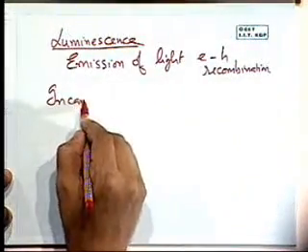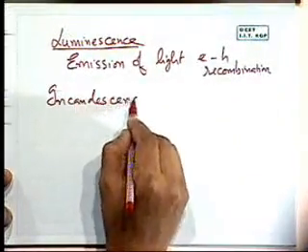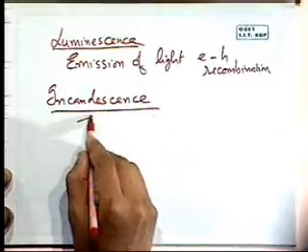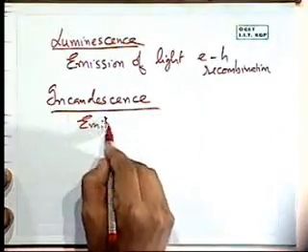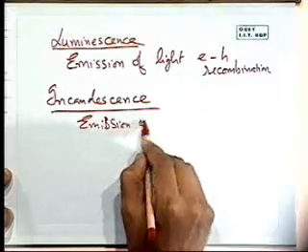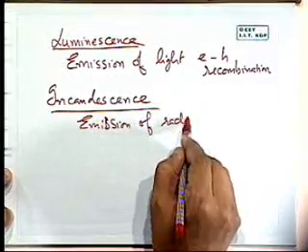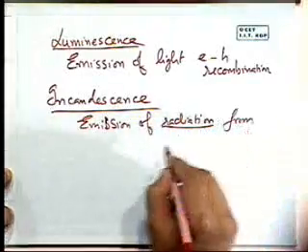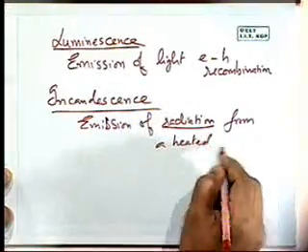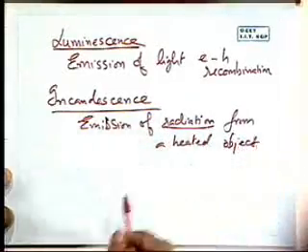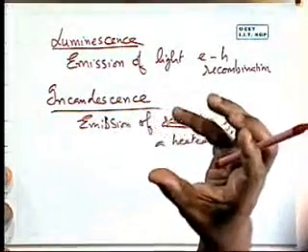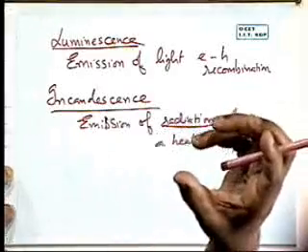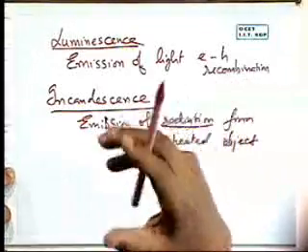Incandescence, on the other hand, is the emission of radiation, which includes light, from a heated object. And as you can see, our light bulb, the ordinary bulb, is an incandescent bulb, but an LED is a luminescent device. Okay, the distinction you see there.